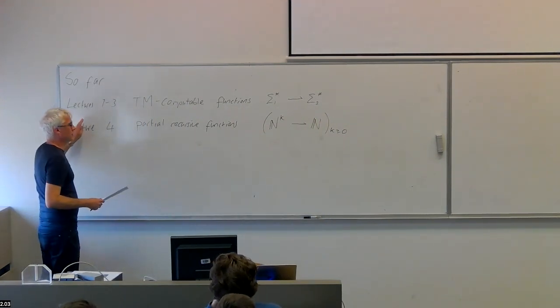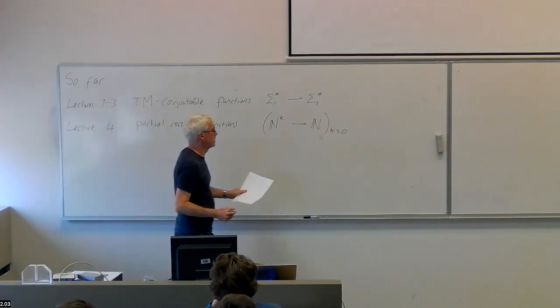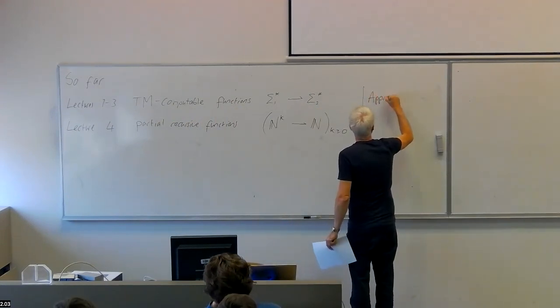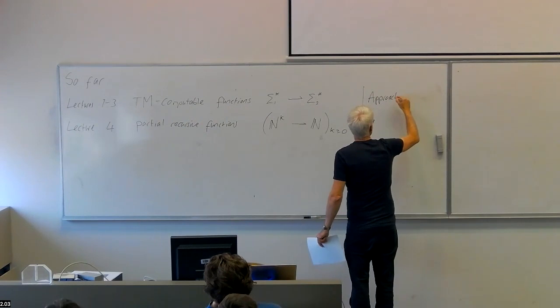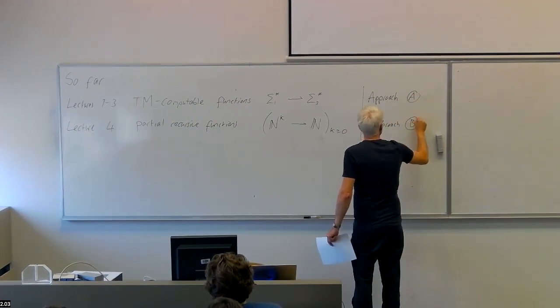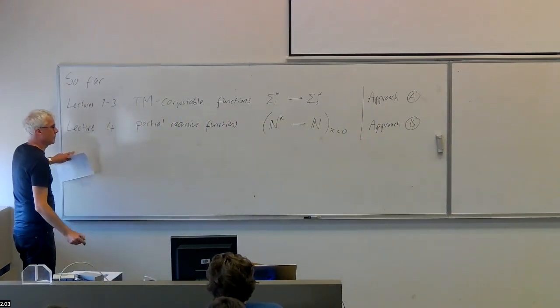But we also saw last week that these are 2 approaches, we could call them approach A and approach B, to modeling the notion of computability, and that the 2 approaches are fundamentally equivalent.